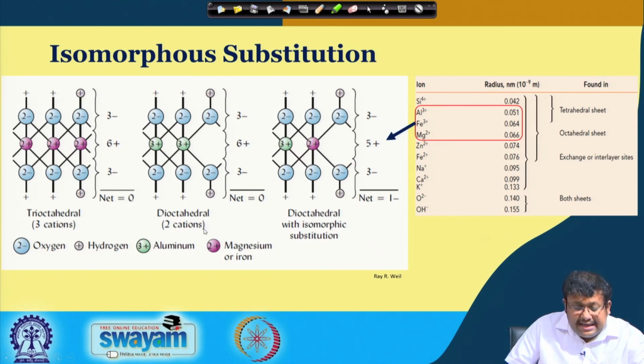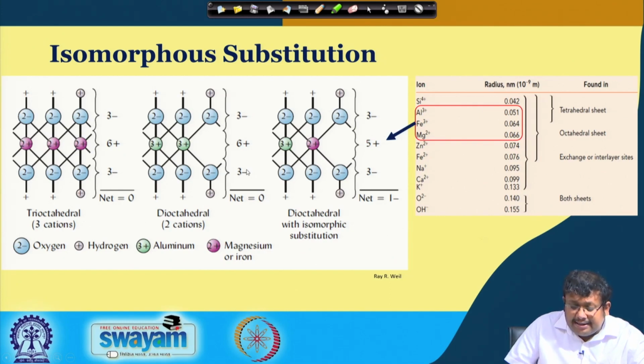Okay. In the case of dioctahedral, obviously, as you know, 2 out of 3 positions are filled by aluminum. So, as you can see here, 3 plus and here, so 6 plus and 3 minus. So, 2 aluminum will be required to satisfy the charge to get a net charge of 0.